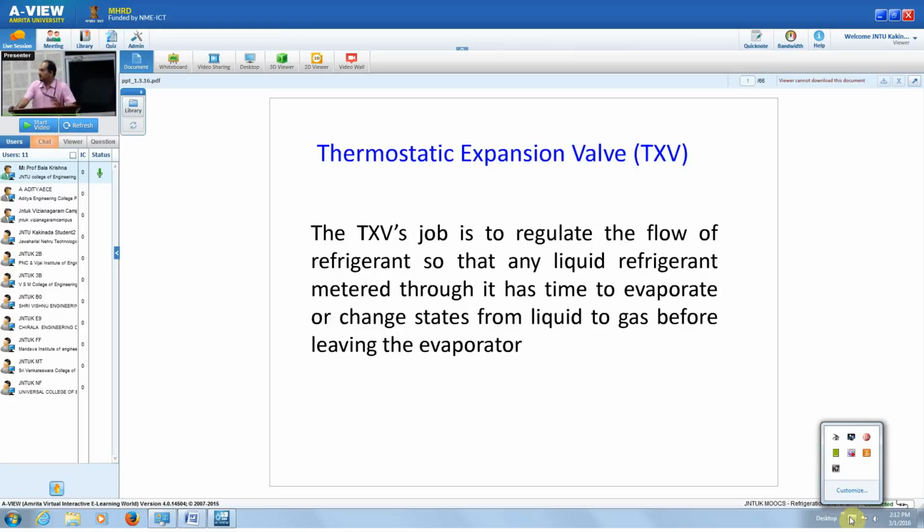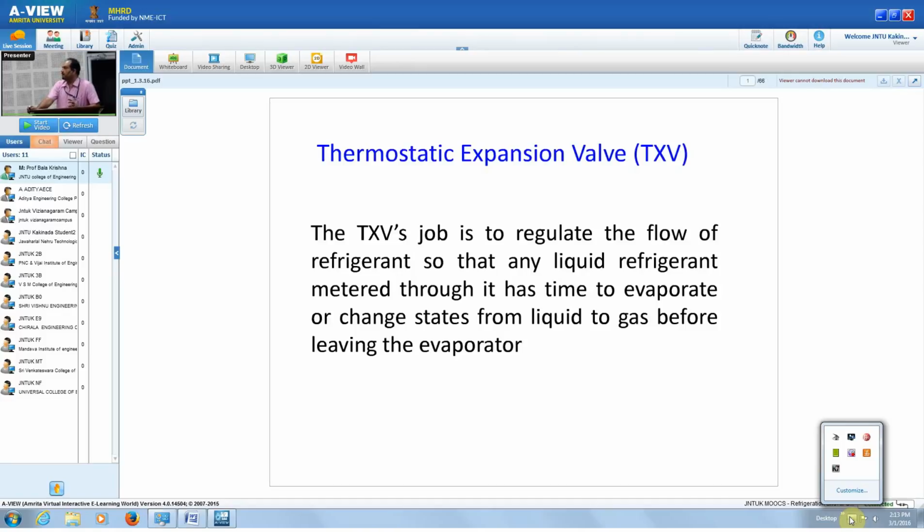Suppose we need 21 degrees centigrade temperature in the room, but suddenly the number of occupants increases, so we have to maintain the same 21 degrees DBT in the room. What happens? Because of the occupants, the load inside is increased.